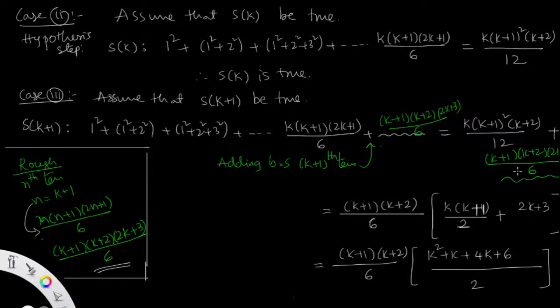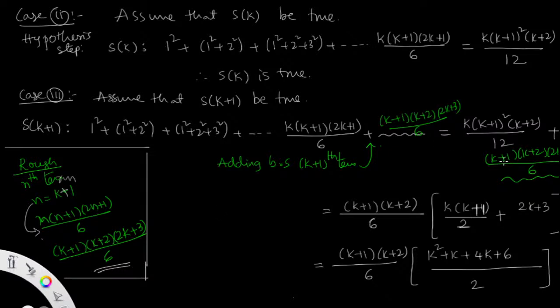Adding the k plus 1 term on both sides. To get this term, take the nth term in the series: n into n plus 1 into 2n plus 1 by 6. Put n equal to k plus 1: in the place of n write k plus 1, k plus 2, 2k plus 3 by 6.